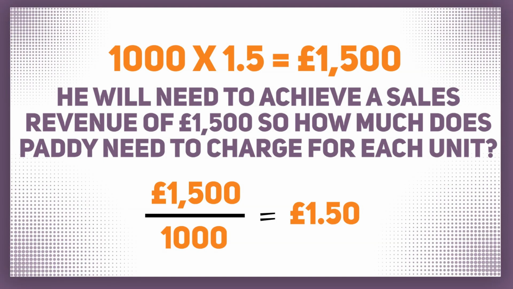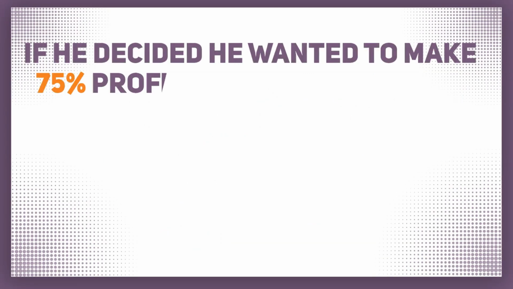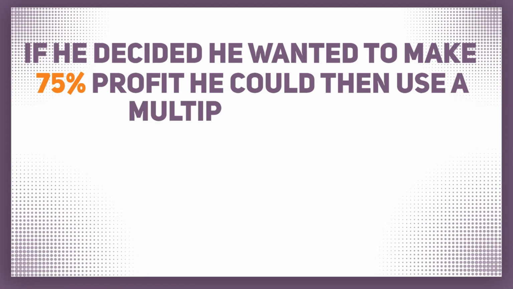If Paddy decided he wanted to increase his markup, he could do so easily by changing his multiplier. He has been using a multiplier of 1.5 for 50%, but let's say he had a change of heart and decided he wanted to make 75% profit. He could then use a multiplier of 1.75.